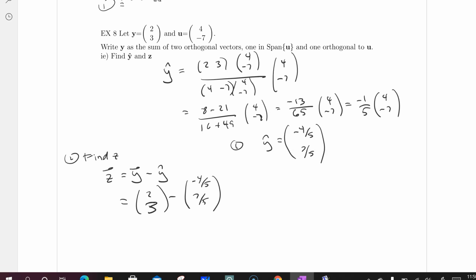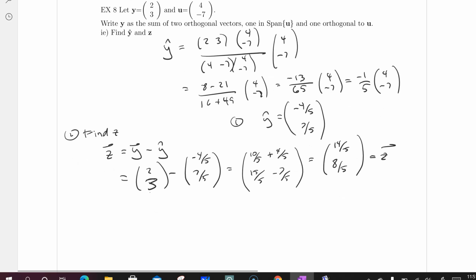Okay, I'm going to go really slow so I don't make any mistakes, because this potential is huge, right? So I have 2 plus this, so 2 written as 10/5 plus 4/5. Then 3 minus 7/5, so I'll say 15/5 minus 7/5. So I get 14/5 and 8/5 here. So that's my vector z.